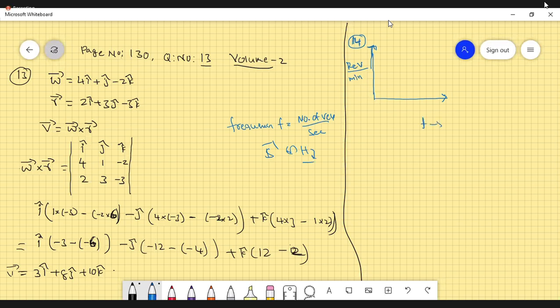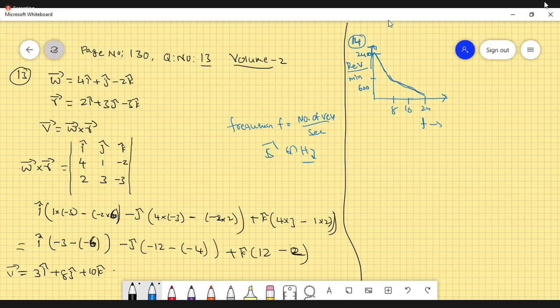So values are, this is 600 and here 2400, and 8, 16, 24, like this.